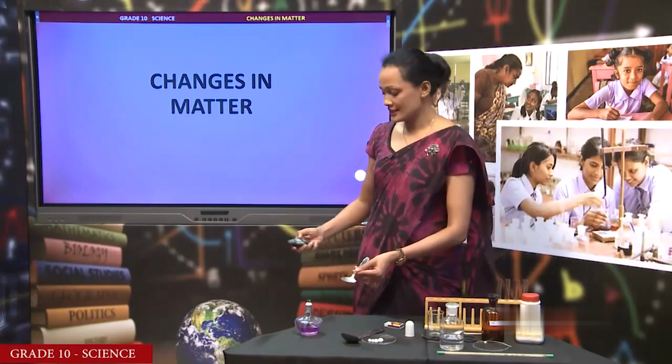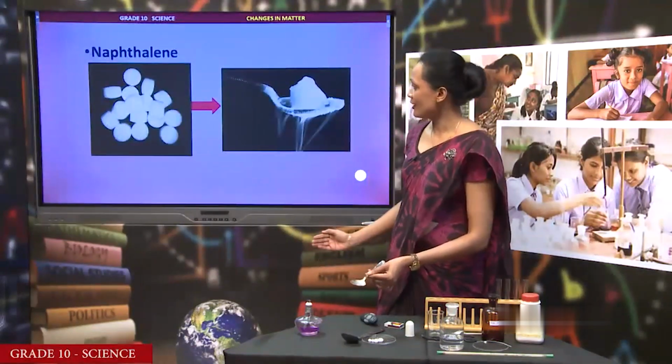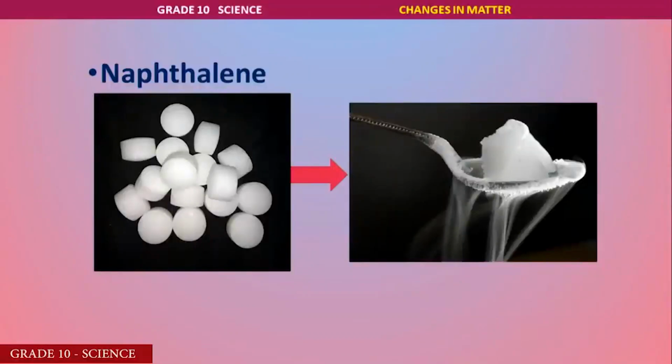Okay, look at this. First we take a naphthalene ball and then we heat it by keeping it on a heated metal spoon. After that, we observe the white colored powder on that spoon. That means, what happened here?